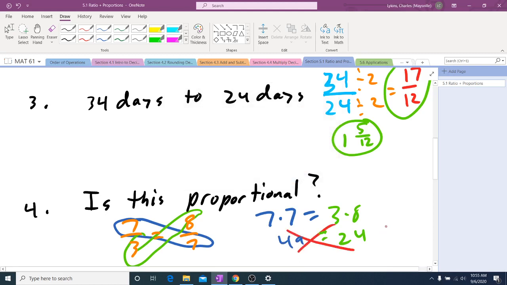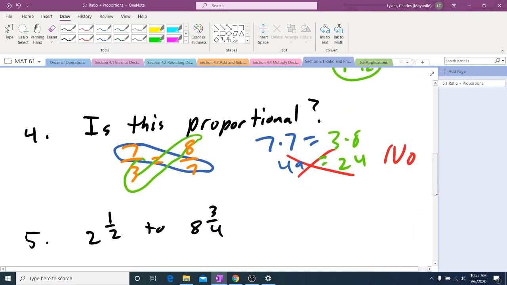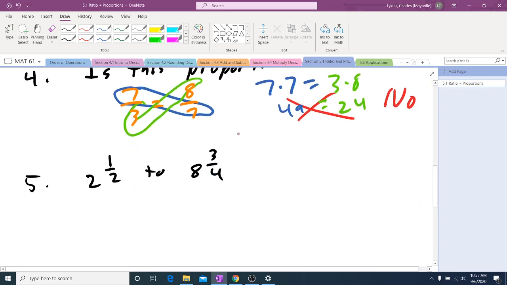And they do not equal, so it's a no. They have to equal for it to be a proportion. Next.